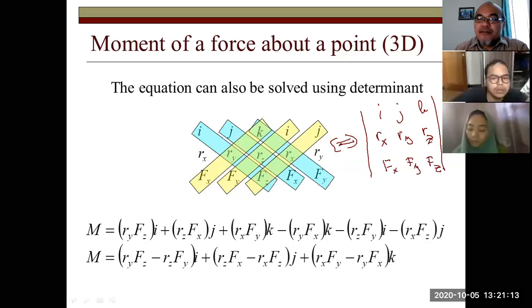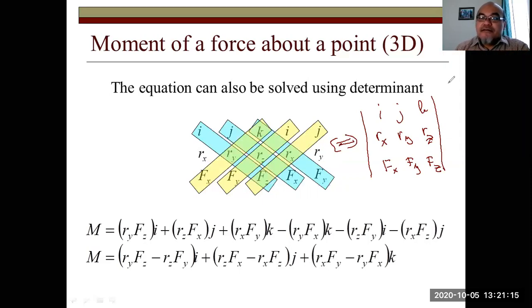So from here, first is i. The i component is this part minus this part.